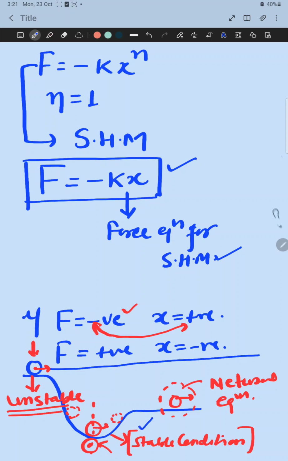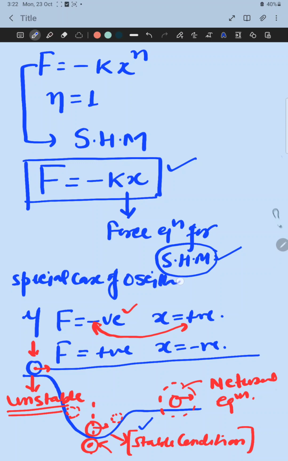It will have motion about the mean position in a to and fro manner. So we can say simple harmonic motion is a special case of oscillatory motion.